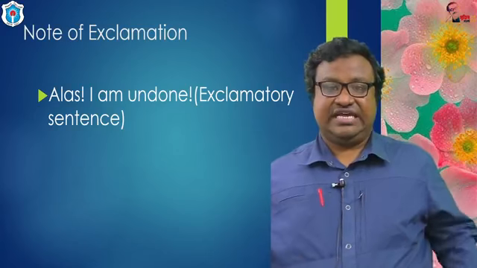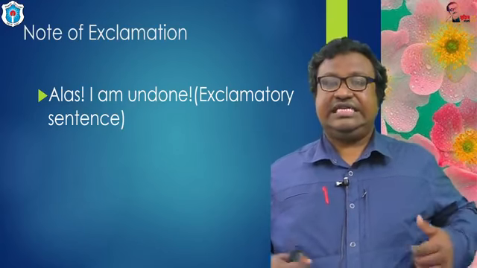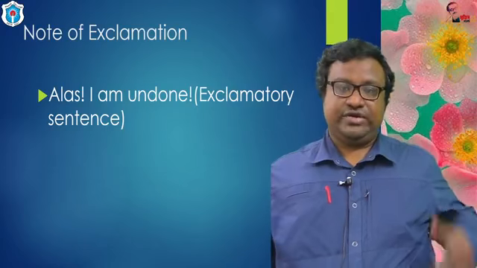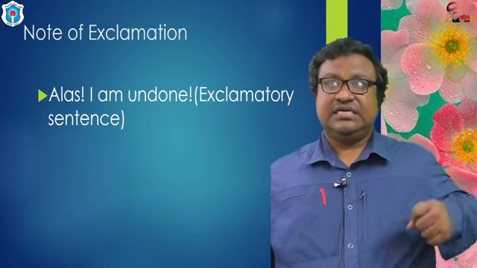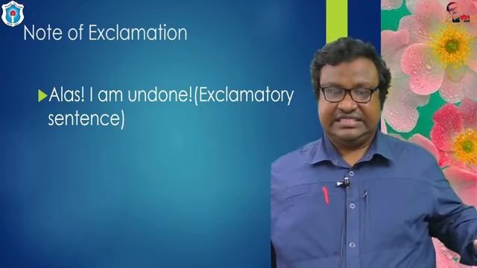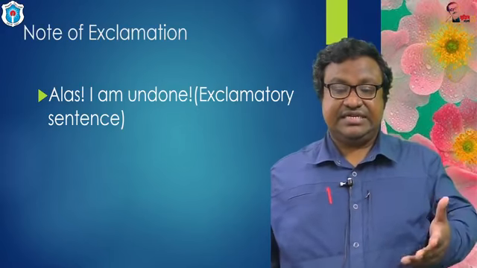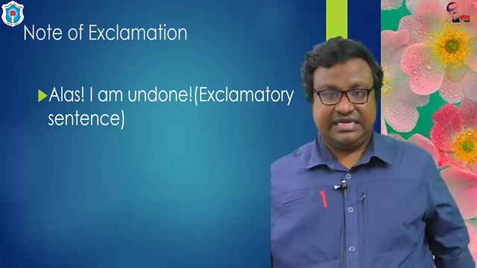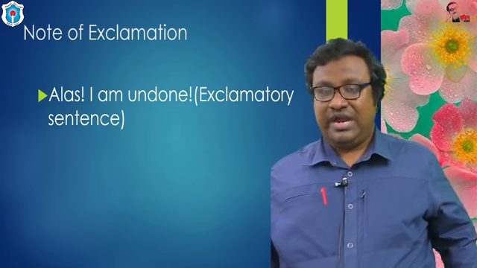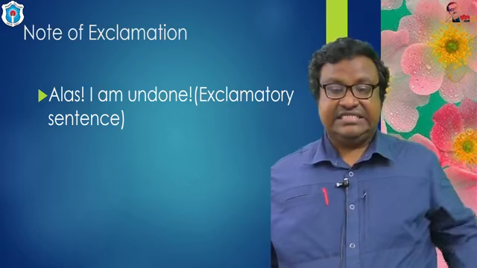In both of the cases, I exclaimed that I was undone, or it is a very beautiful scenery. Okay, they are full of emotion, but they are not exclamatory sentences. Rather, the exclamatory sentences are alas I am undone, or what a beautiful scenery, or what a pity, these things.